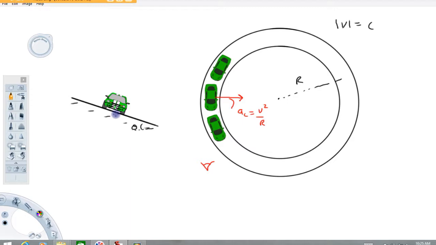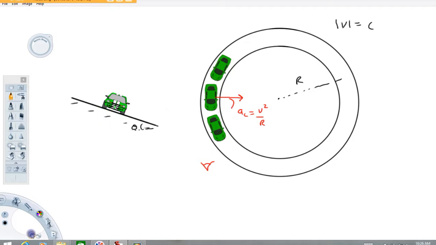Now, whether or not there's a frictional force depends on the type of problem you're looking at. Imagine this car were going very, very slowly, on a very icy surface. What could happen is this car could effectively start sliding inward. So if the car's going relatively slow, your frictional force could conceivably be in this direction.